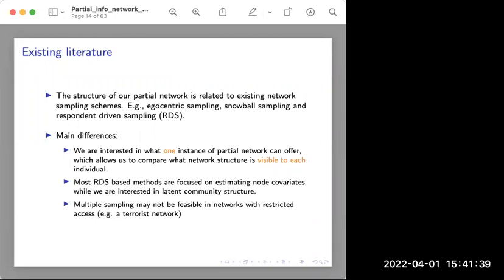And lastly, there are cases where it will be very hard to perform multiple sampling. It will be very hard to sample multiple subgraphs. And in a lot of these cases, asymptotically, you need the number of subgraphs to go to infinity. And there are cases when it's hard to perform this sort of sampling step multiple times. So we just want to see what we can do with one piece of this partial network.